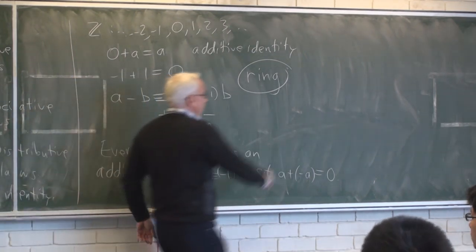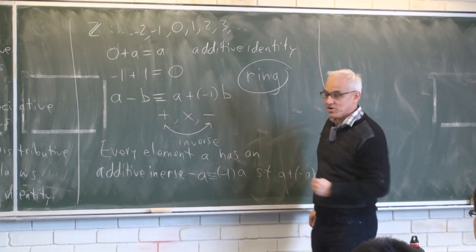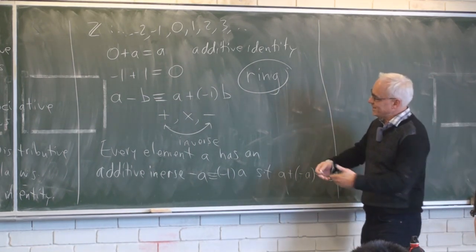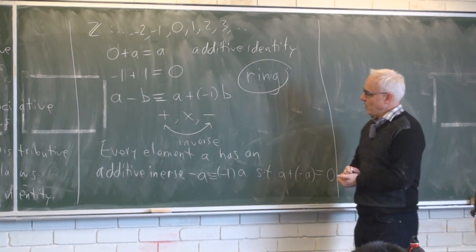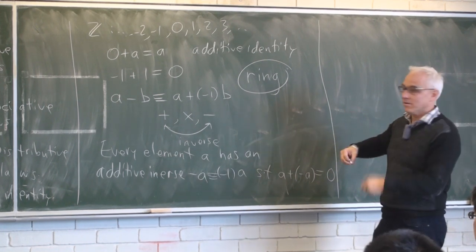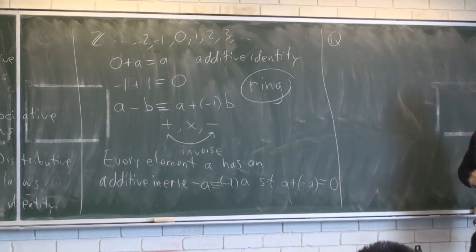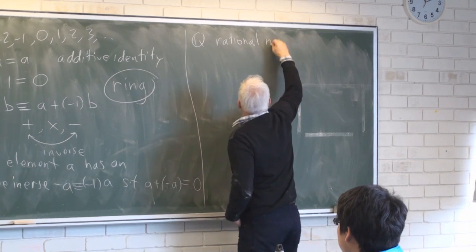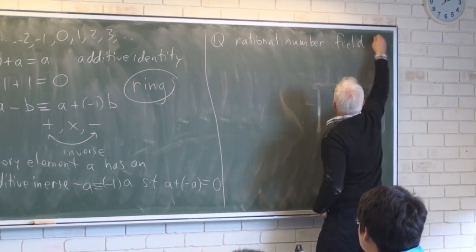Okay, but that's not quite arithmetic as we know it, because we have 3 operations, but we want 4 operations. We want to divide as well. So when we want to extend our arithmetic, as we do in grade 6 or something, to include division, then we have to move up to a bigger arena, to the rational numbers. And this is a field, a rational number field.